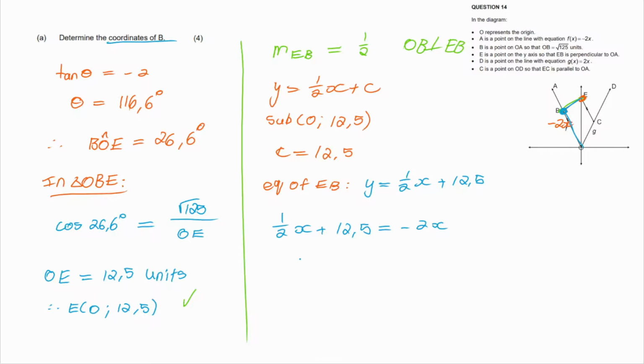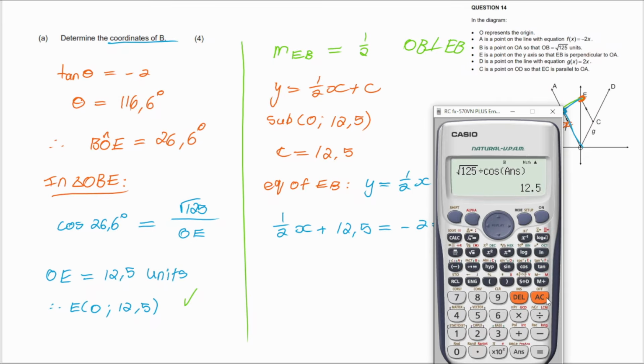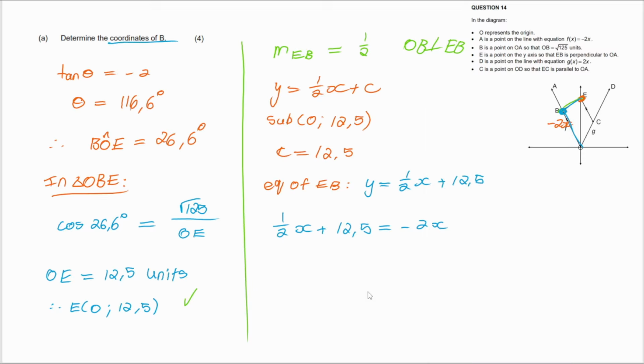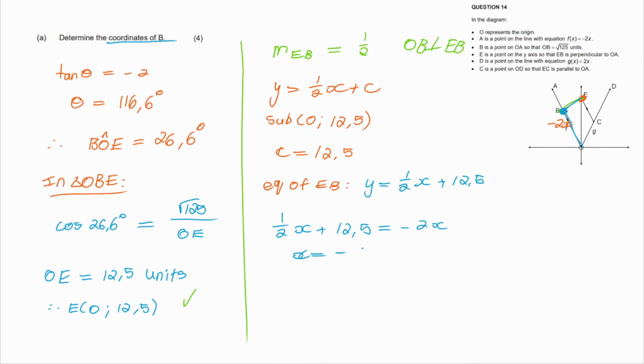Going to the calculator, we get 2 plus a half, I messed up there. So on this side we have 2,5x, and on the other side negative 12,5. So x is negative 12,5 divided by our previous answer. We get x is equal to negative 5.